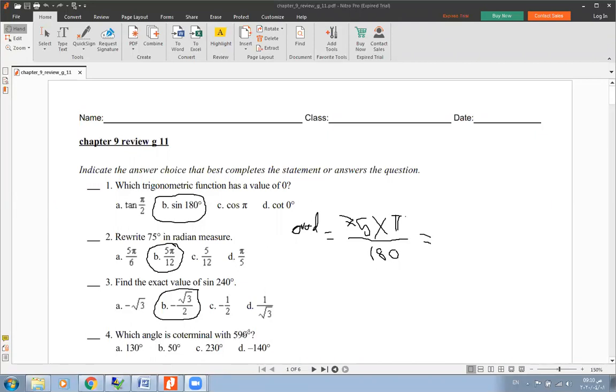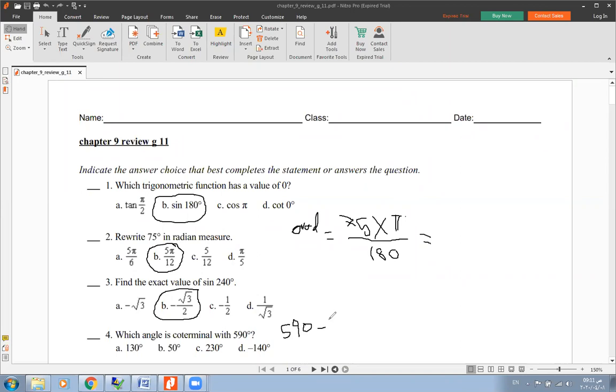Is 590 greater than 360? Yes. So we subtract: 590 minus 360 to get the coterminal angle.